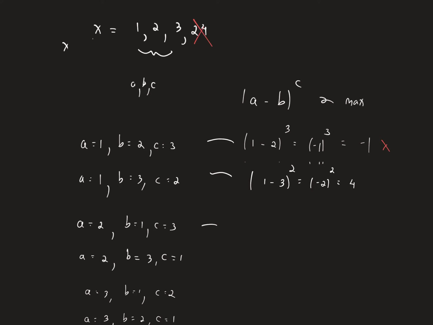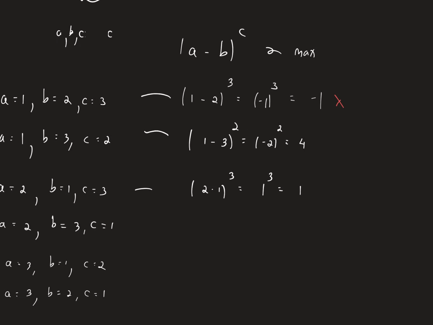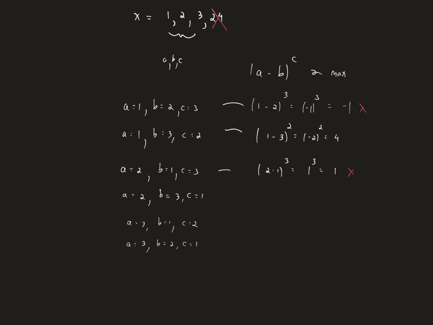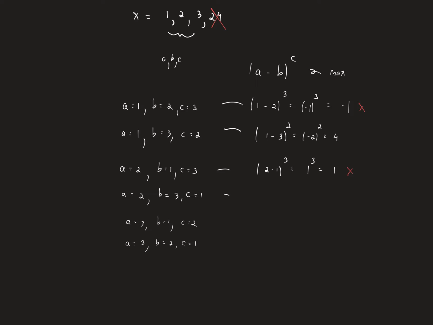The third case here is 2 minus 1 to the power of 3, which is 1 to the power of 3 equals 1. So this case, 1, is still less than 4. And this one here, 2 minus 3 to the power of 1, which is negative 1 to the power of 1, which is negative 1, which is again less than 4.